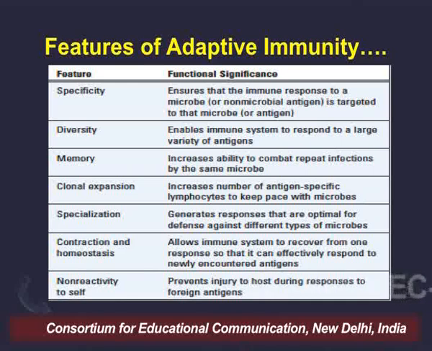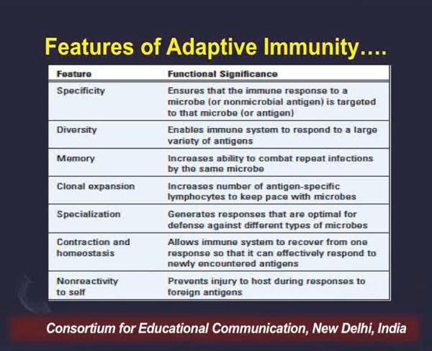there are certain features like specificity, which we have already talked about, and diversity, because adaptive immunity has B lymphocytes and T lymphocytes, so it has a diversity in action. Then adaptive immunity also has an ability to remember the type of infection, therefore memory is another important feature.